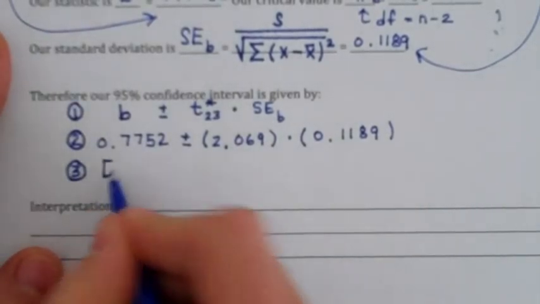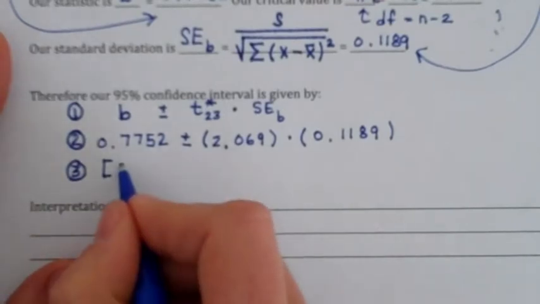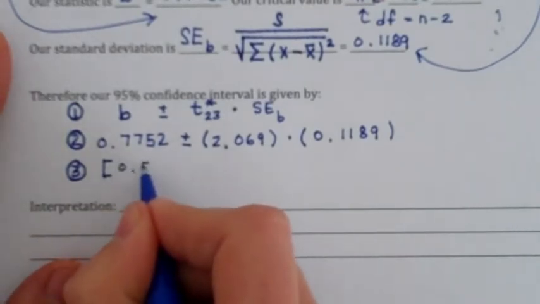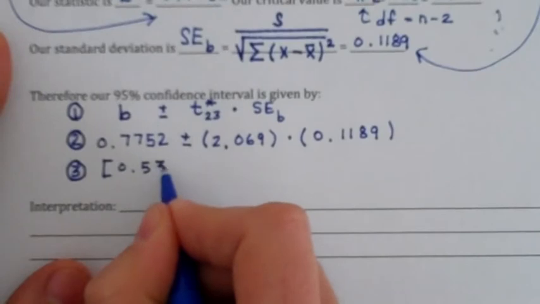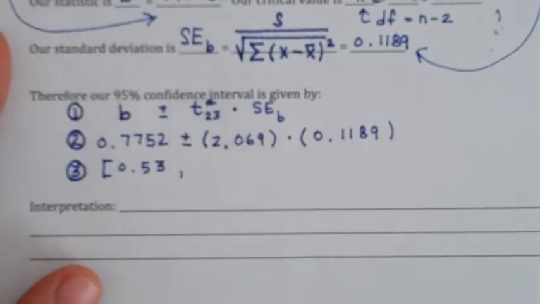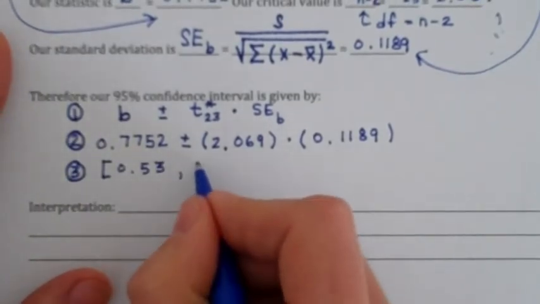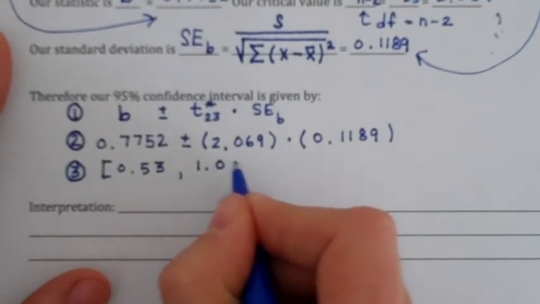Our last step is to write this as an interval. I did the math and found that the lower value is 0.53 and the upper value is 1.0.